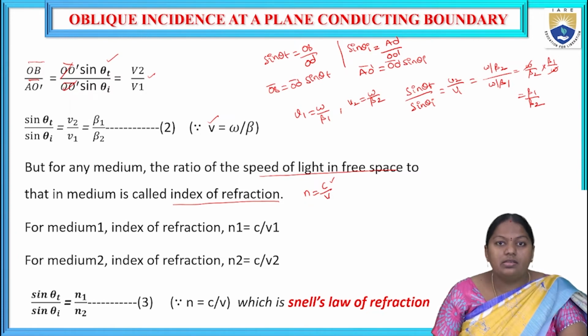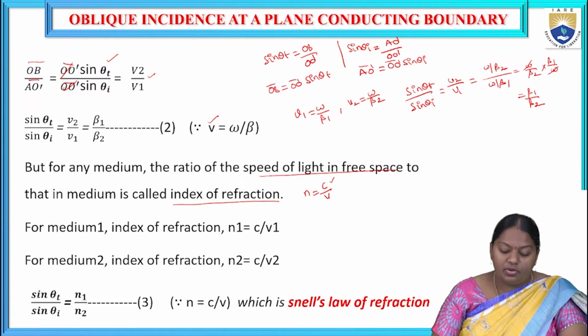Based upon this index of refraction, we get one more relation called Snell's law of refraction. It is called Snell's law of refraction because it is derived from the index of refraction.